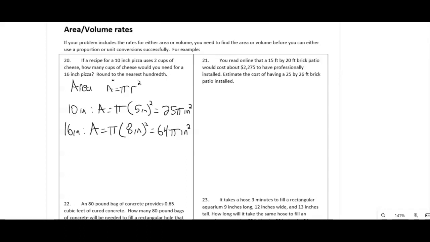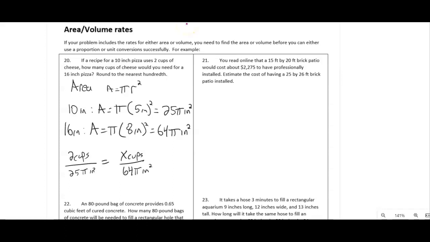Okay, we can now work on a proportion. For the small pizza, we have 2 cups for the area. So 2 cups over 25 pi square inches would equal x, I don't know how many cups for the large pizza, over 64 pi square inches.